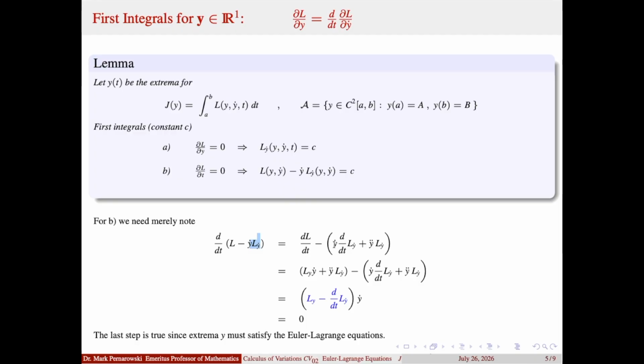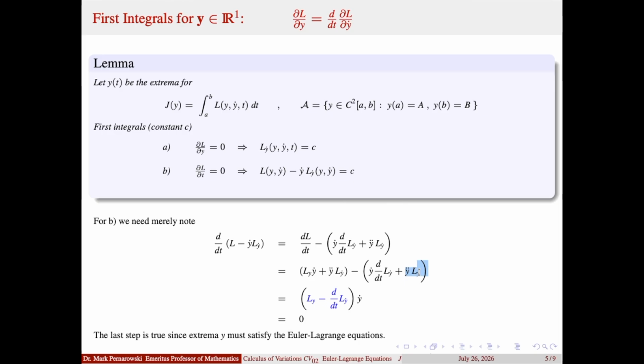Well, by the product rule, it would be y dot times the derivative of L sub y dot in t plus y double dot times L sub y dot. And then I expand this thing out using the chain rule, and I get that term. And I look at that and I say, hey, there is a common term here. This one minus the same thing on this side.